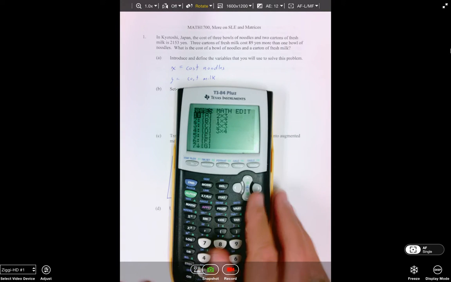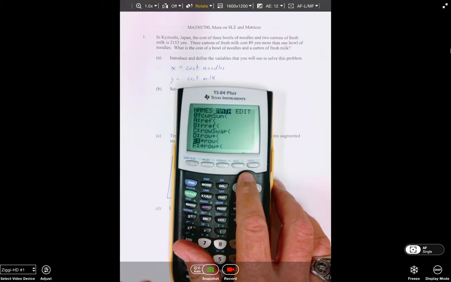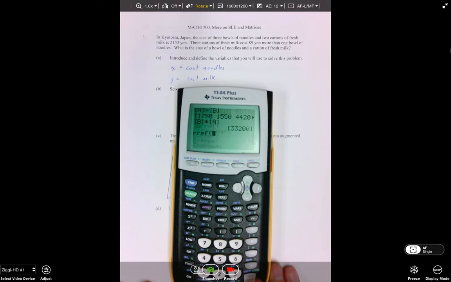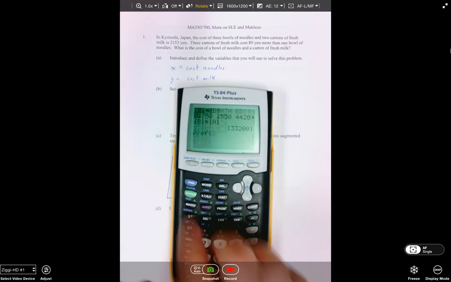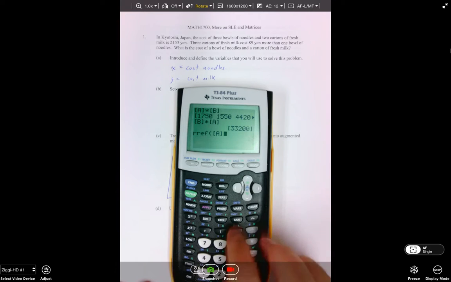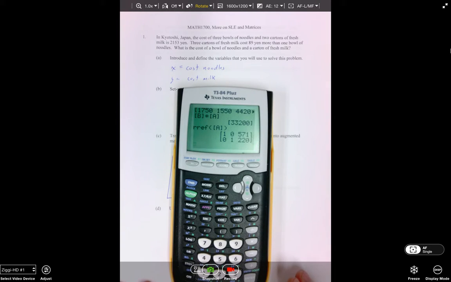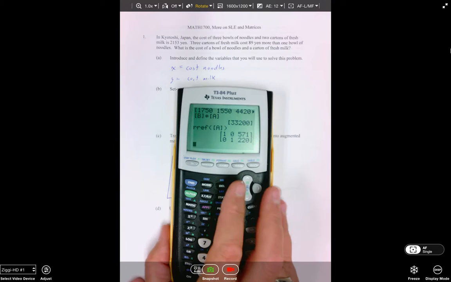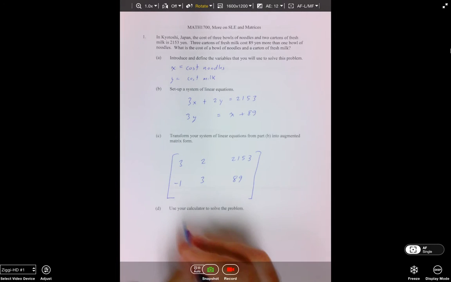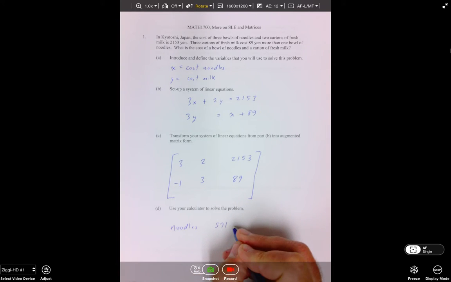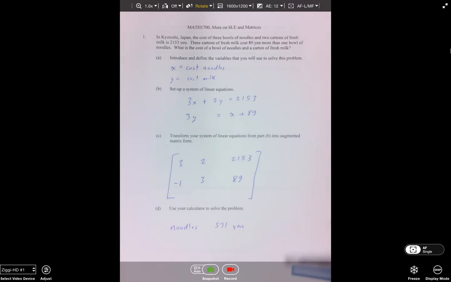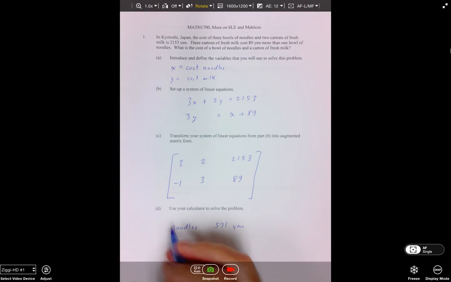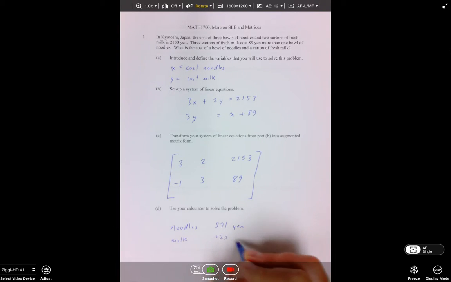Go back into matrix. I'm going through this fast because we've already done a bunch of this. Go back into matrix, get the matrix, close it up, and we see that we have 571 yen for noodles and 220 yen for milk.